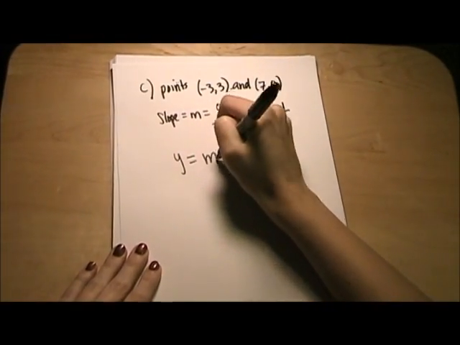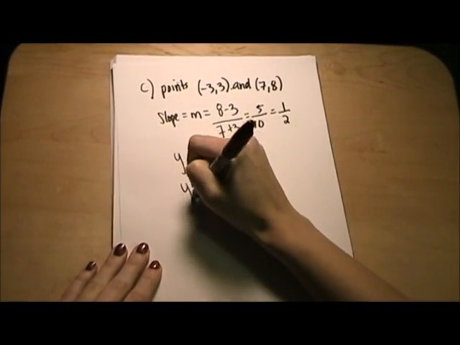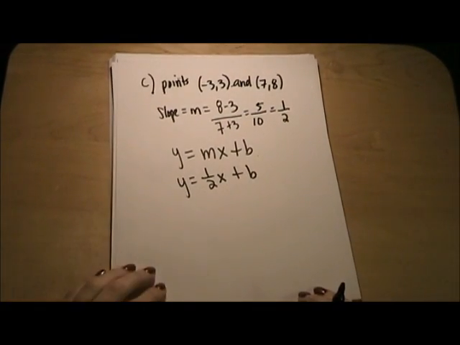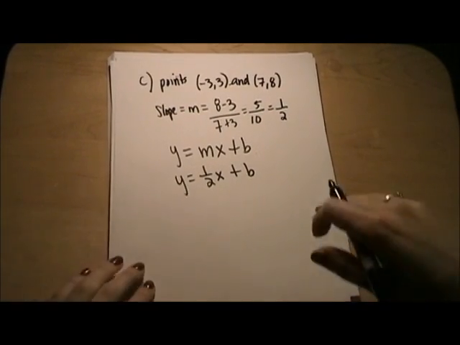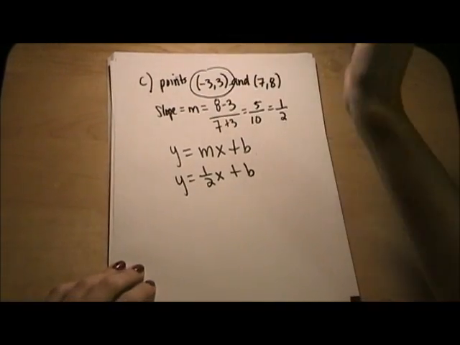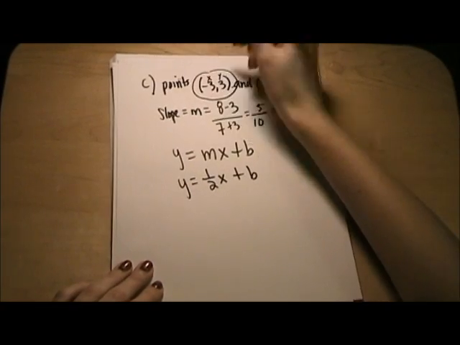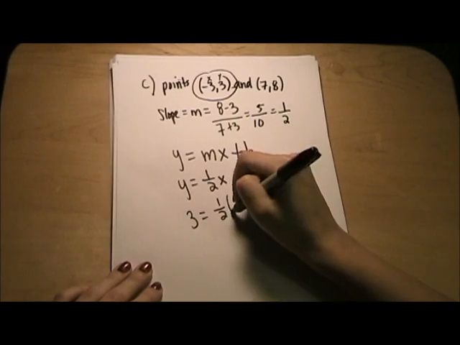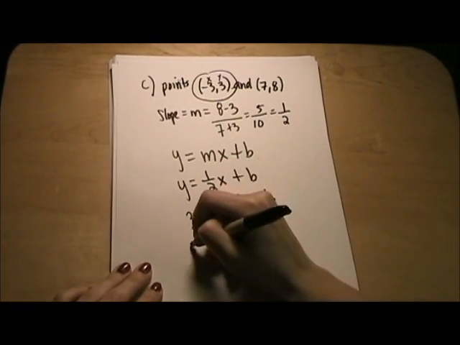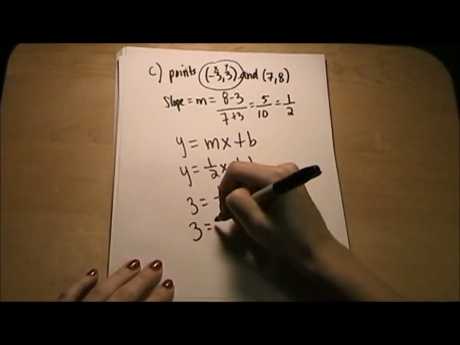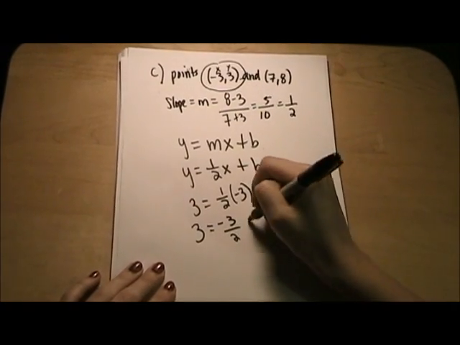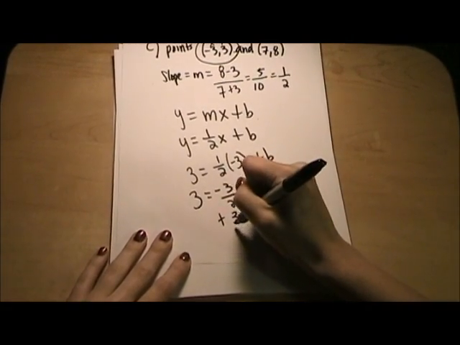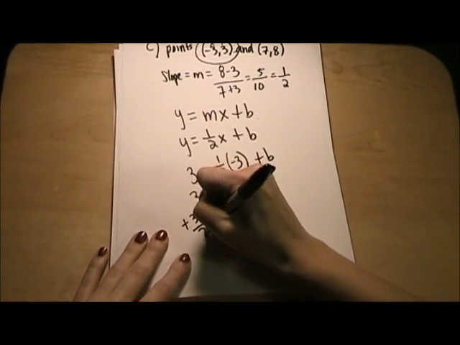y equals mx plus b. Our slope is 1/2 x, but they don't give us the y-intercept. So just like in part A, we just pick a point. I'll just pick the first one. So this is going to be x, this is y. 3 equals 1/2 times negative 3 plus b. 3 equals negative 3/2 plus b. This is negative, so I'm going to add the 3/2 to both sides.